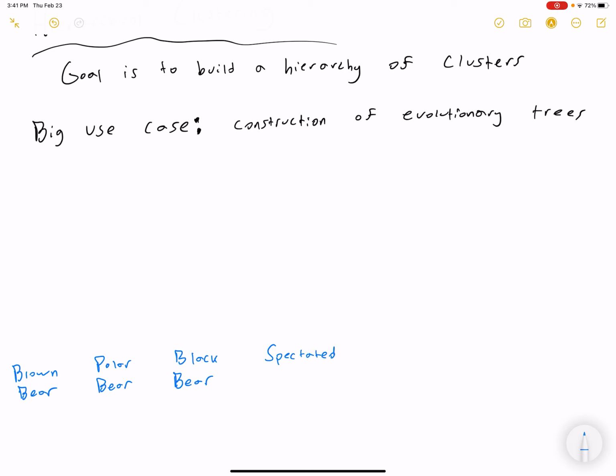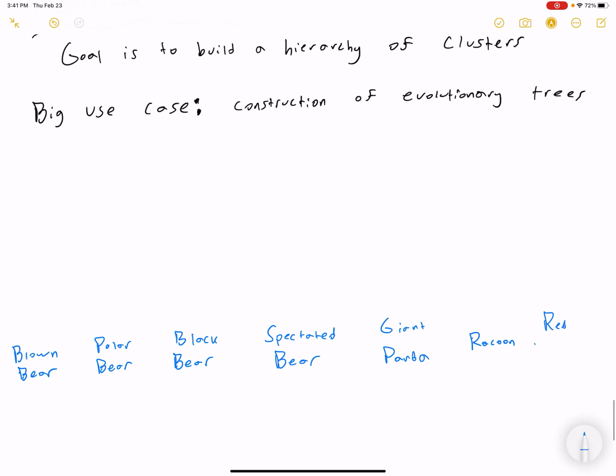I think that's the right. So each hierarchy is a cluster? Is that what you mean? Here, you'll see when I do this. Giant panda, raccoon, and red panda. I think these are real animals. Oh, yeah, red panda's real. Okay. Dot, dot, dot.